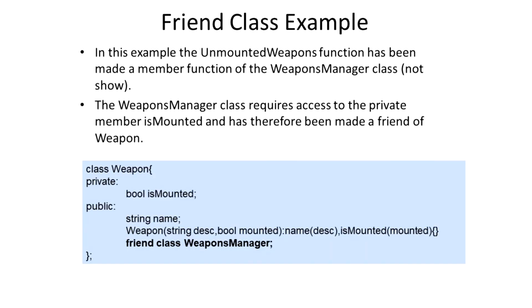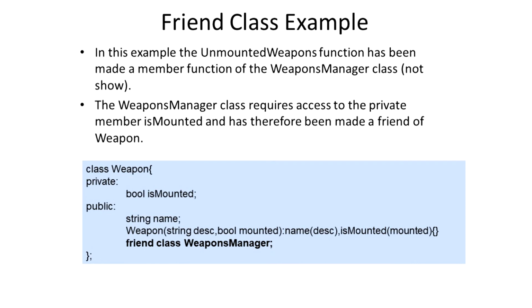And here we apply that to the weapon example, which we saw earlier, where let's say that we now moved that unmounted function into the weapons manager class, which we haven't got an example of here, but let's just imagine that it's there. And now we want to do what we did before in the previous example, where that unmounted function has access to isMounted, the Boolean variable declared within weapon.